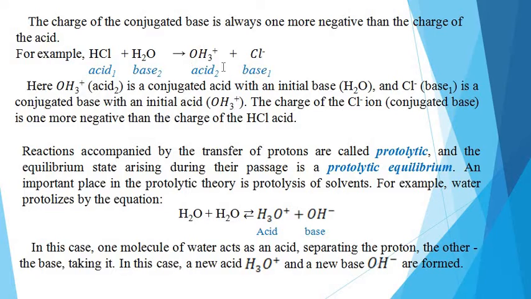Here, hydroxonium ion is the conjugated acid with the initial base water, and chloride ion, the conjugated base, is formed with the initial acid hydrogen chloride. The charge of the chloride ion, the conjugated base, is one more negative than the charge of the acid, hydrogen chloride.